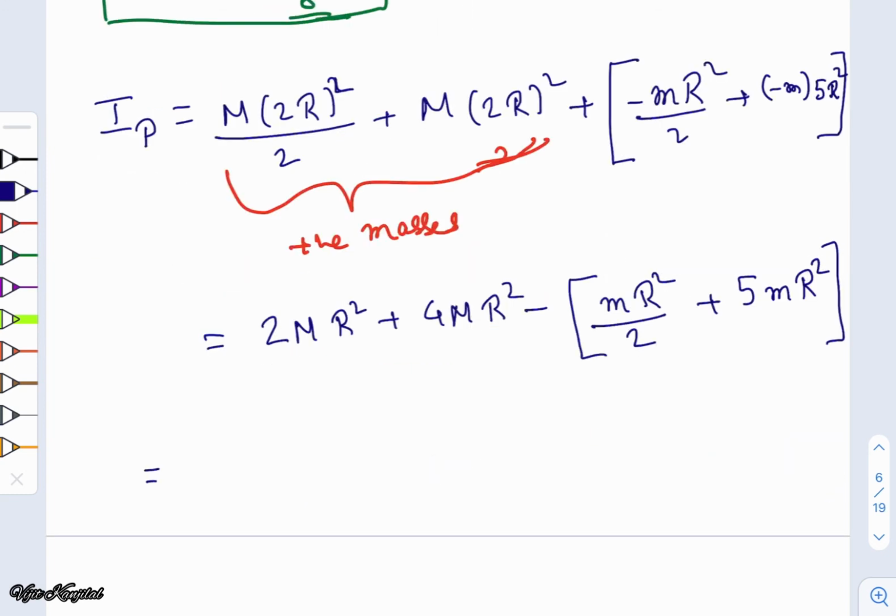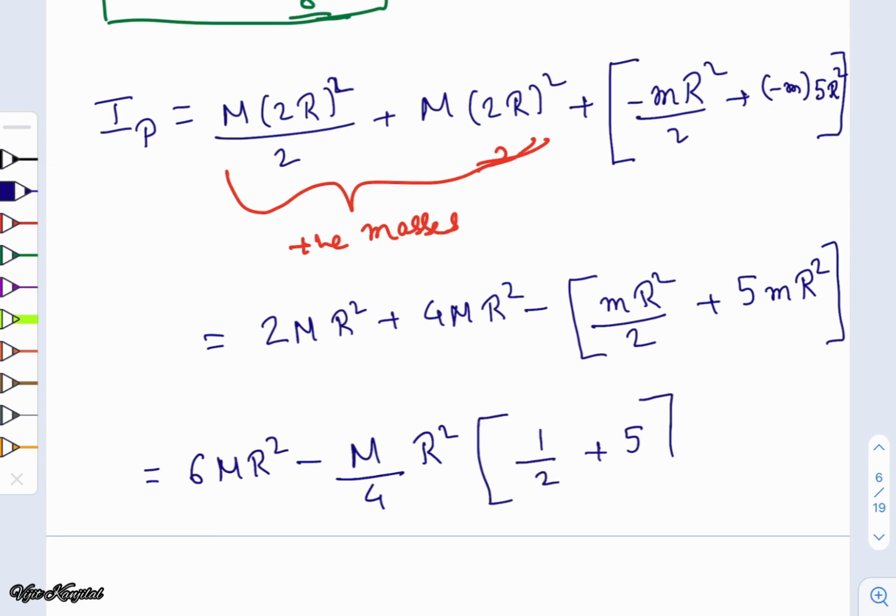So let us write it as 6 M r squared minus capital M by 4 r squared times 1 by 2 plus 5.